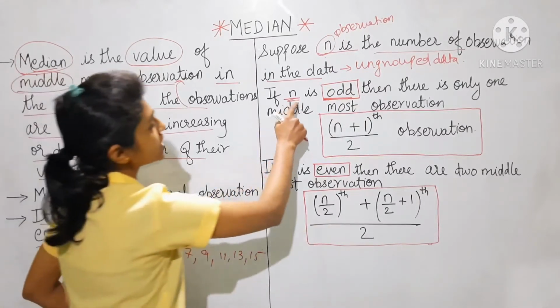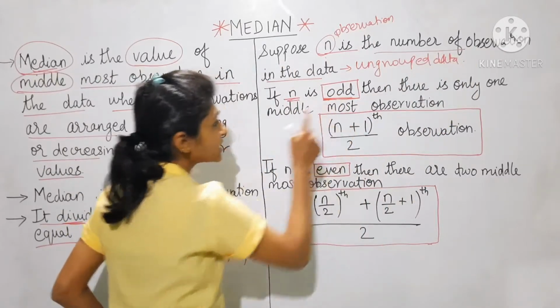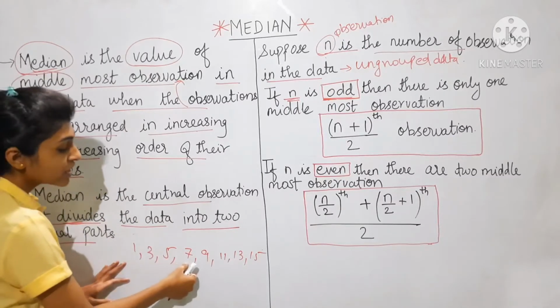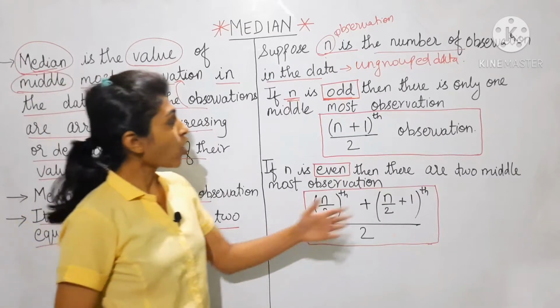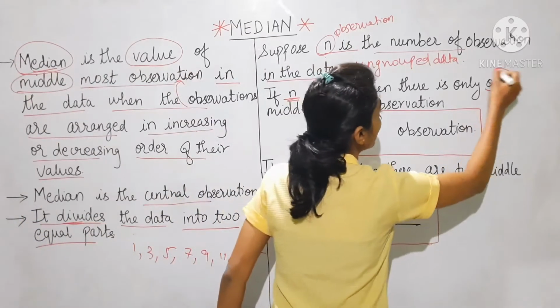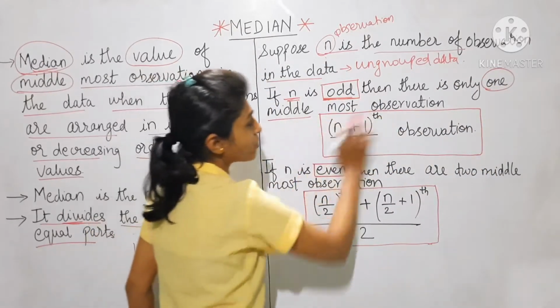Suppose n, the number of observations, is odd. If the number of observations is odd, then we will have only one median, only one middlemost observation.